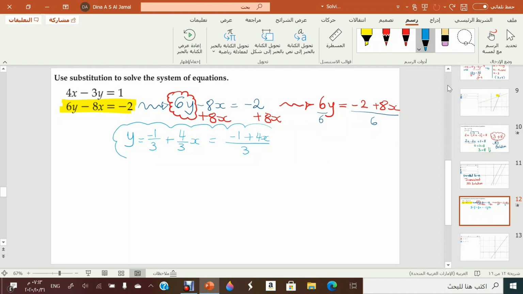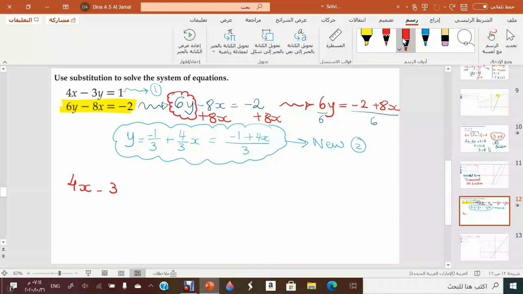Pay attention now to this. So this is your new equation 2. And this is your equation 1. Now you will be putting 2 in 1. Let's put it now. 4x minus 3, and you are having your y, minus 1 plus 4x over 3, equal to 1.